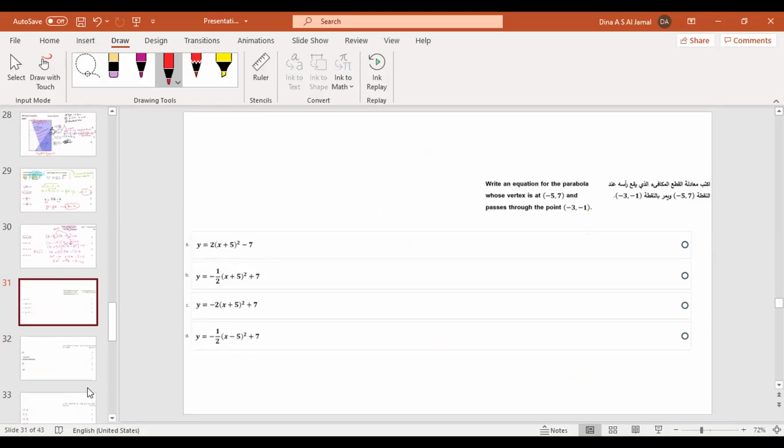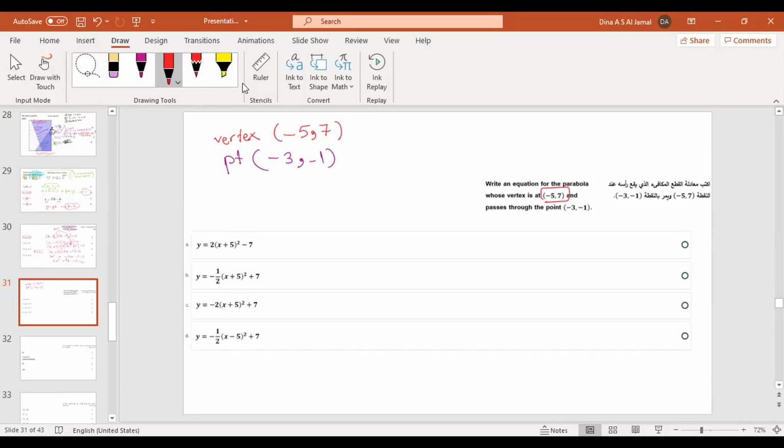Write an equation for the parabola whose vertex is at minus 5 and 7. So he gave you the vertex. And it passes through a point, minus 3, minus 1.